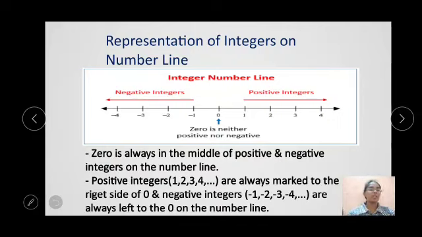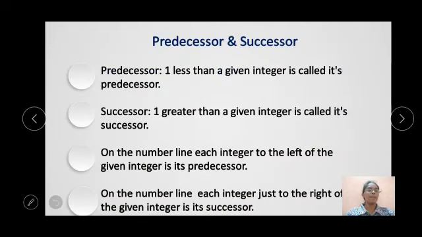We can see that in this picture. Now the positive integers, which are 1, 2, 3, 4 and so on, are always marked to the right side of 0, and the negative integers minus 1, minus 2, minus 3, minus 4 and so on are always left to the 0 on the number line.